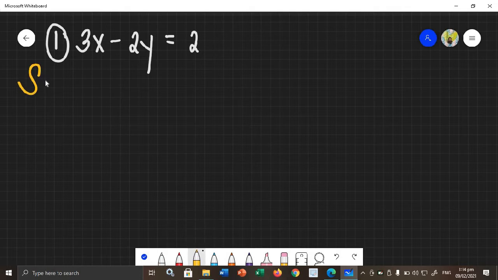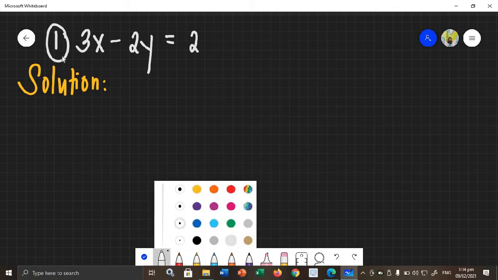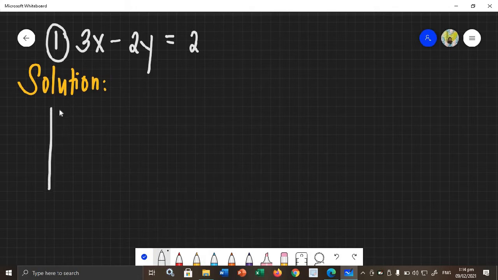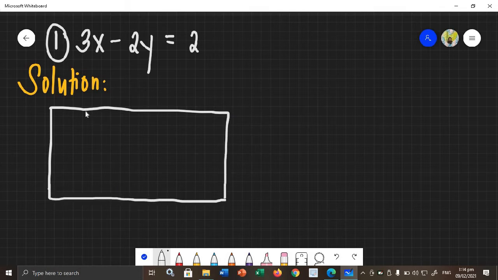And that will be your solution. So we will create a table of values for your x and y coordinates. So this is your x coordinates and your y coordinate.